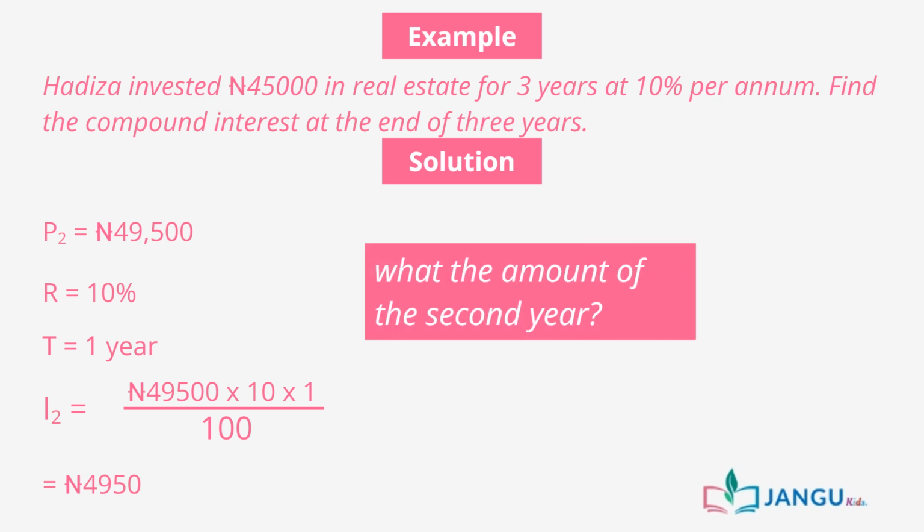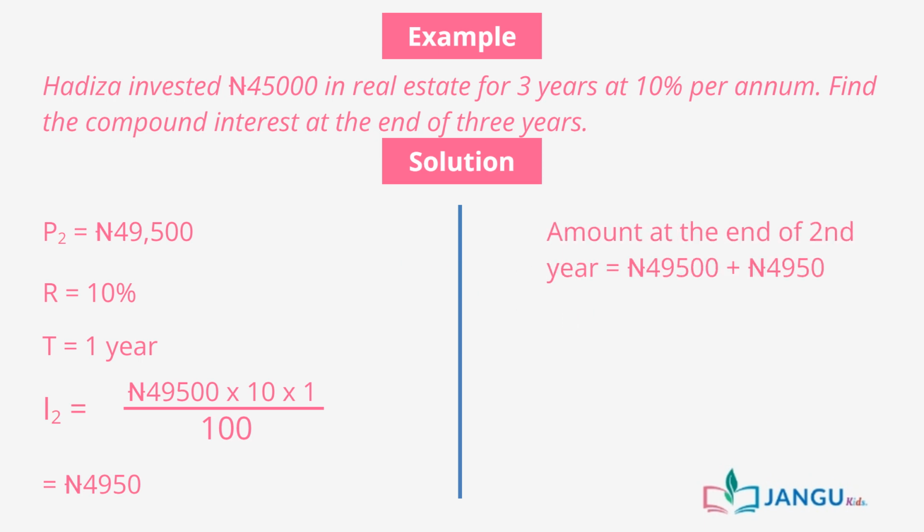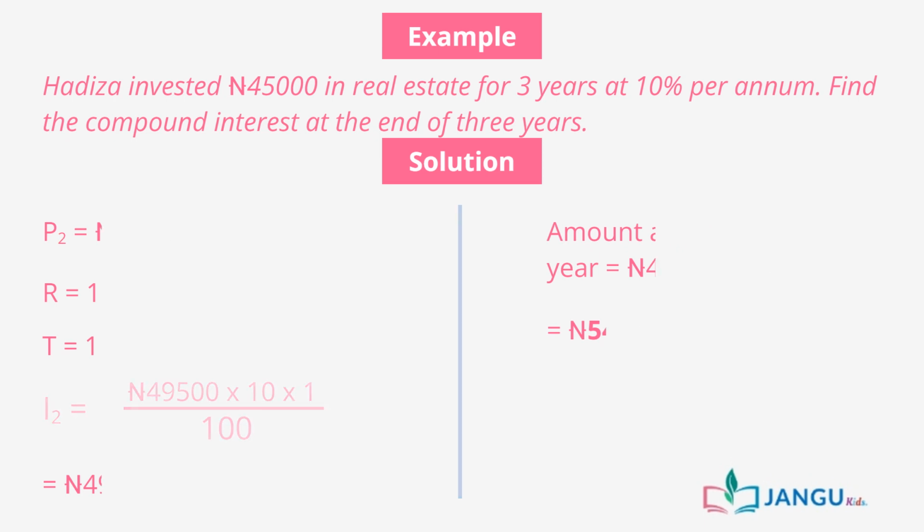Can you guess what the amount of the second year will be? Let's confirm if you're correct. Amount at the end of the second year will be 49,500 plus 4,950 naira, which is equal to 54,450 naira. Yippee!